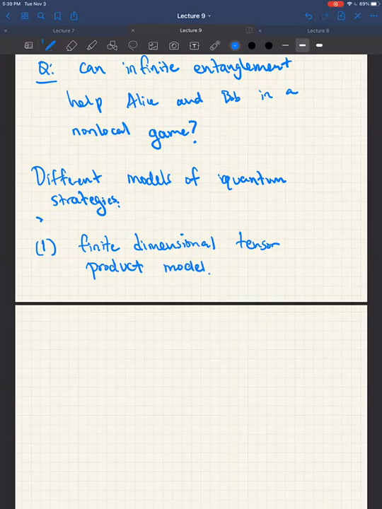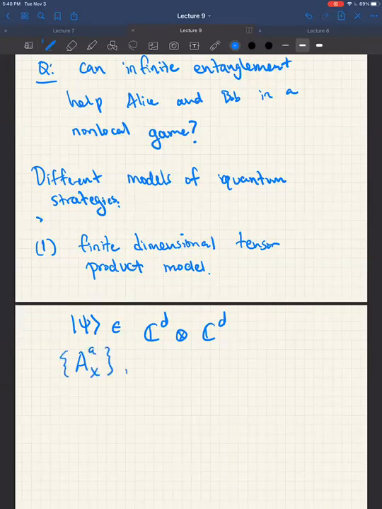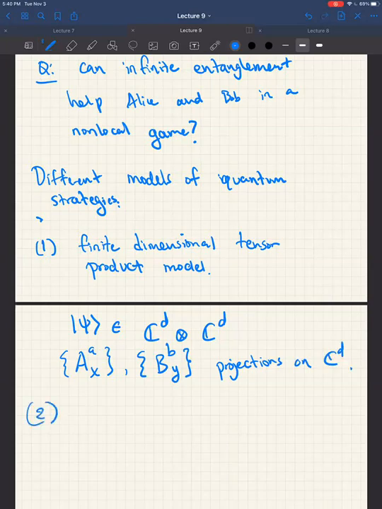Here, we imagine that the shared state is on a tensor product of two spaces, C^D tensor C^D. You get to pick your favorite D, but it's still finite. And then their measurement operators are just projections on C^D. So this is what we've implicitly assumed a strategy is.